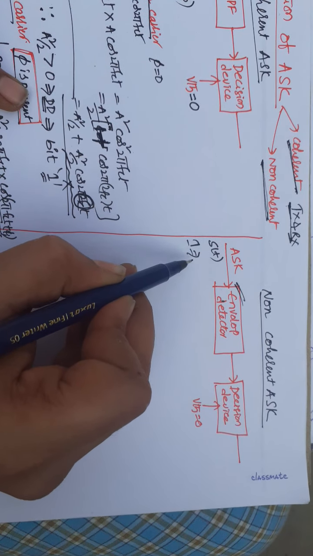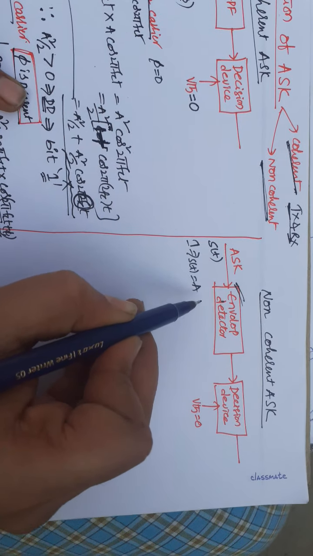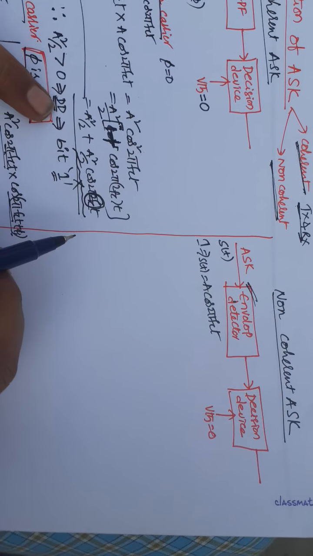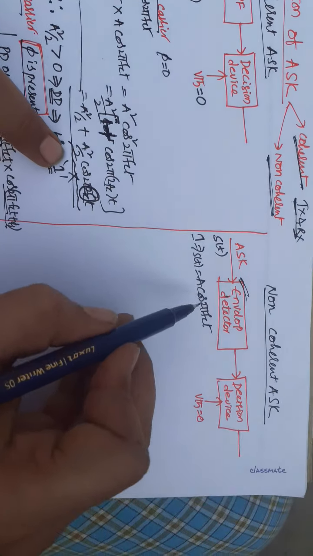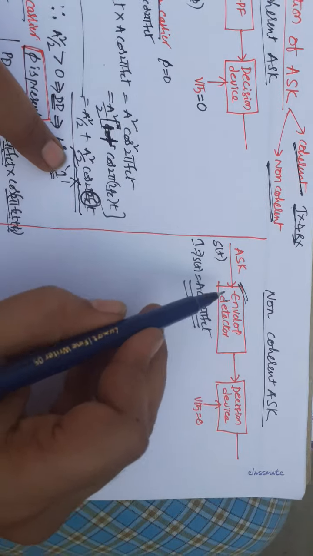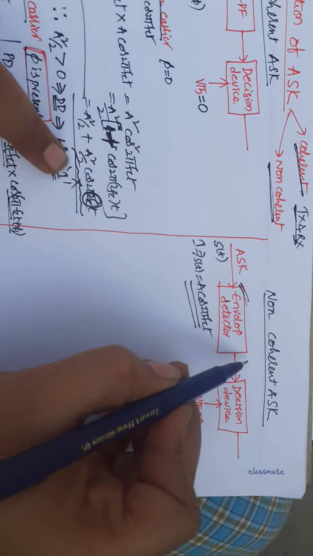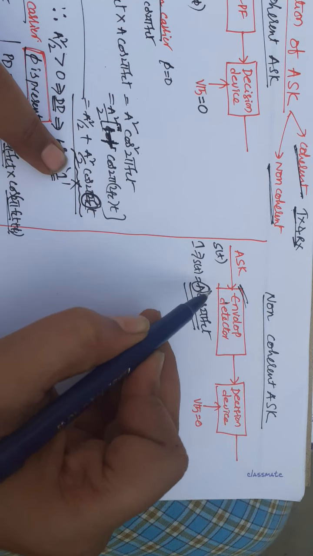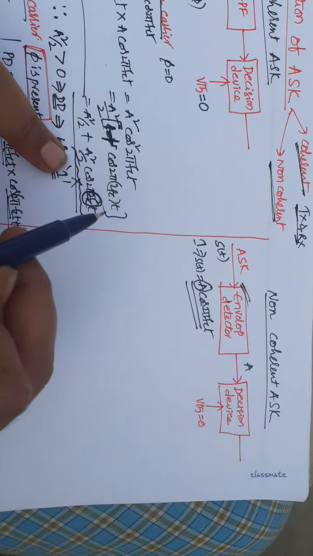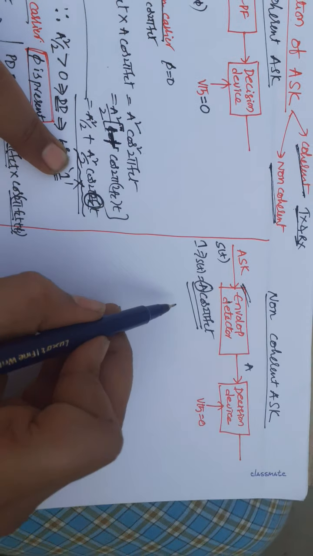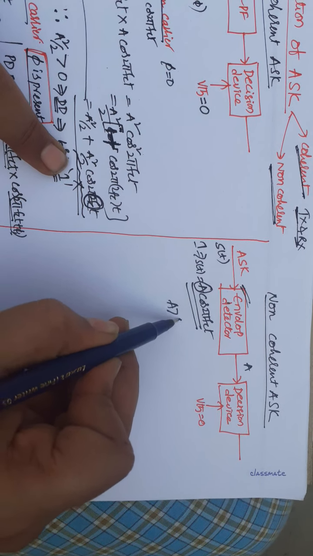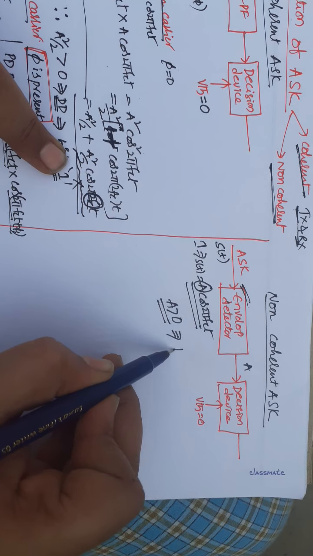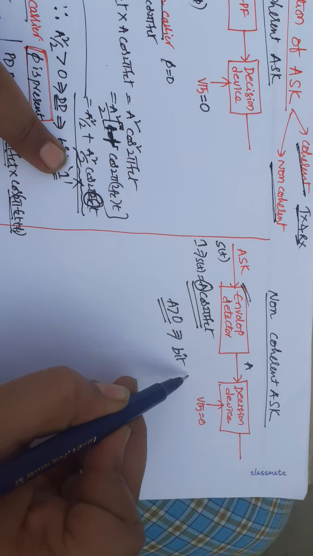For bit 1, the S of t equation is A cos 2 pi fct. For this signal, the envelope detector will produce the envelope of the input signal, whatever the envelope you get, that is A, right. Now this A is greater than the threshold voltage 0, so the output of the decision device is in favor of bit 1.